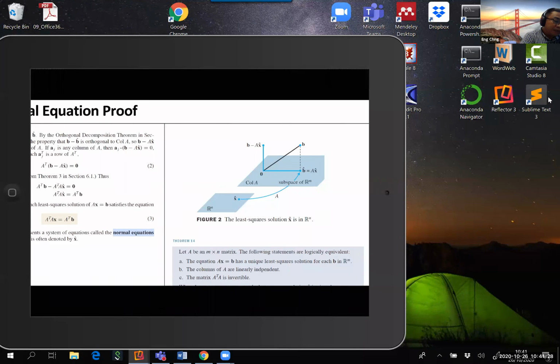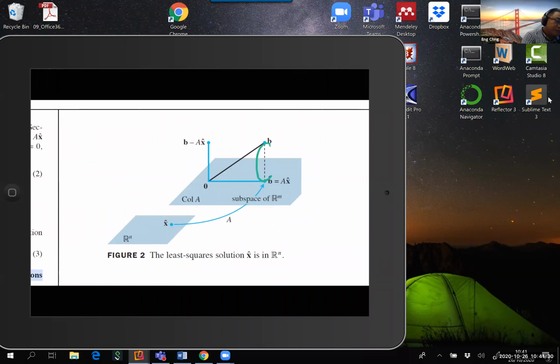The orthogonal part is the error of B being approximated by B hat. This error is orthogonal to the whole plane of the column space of A.